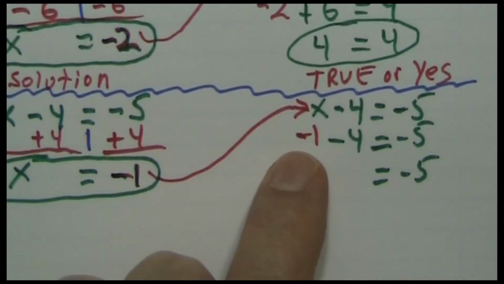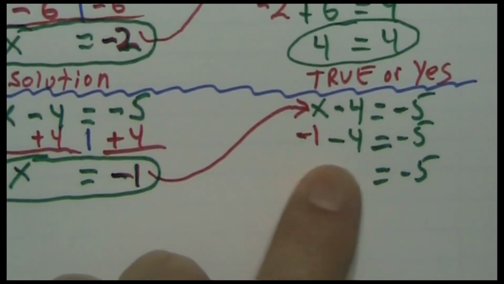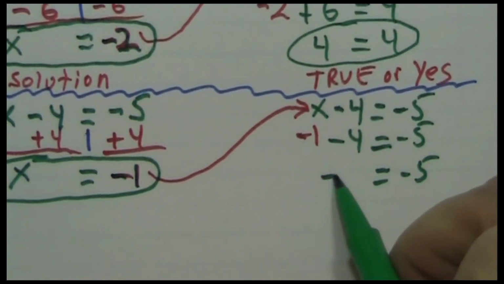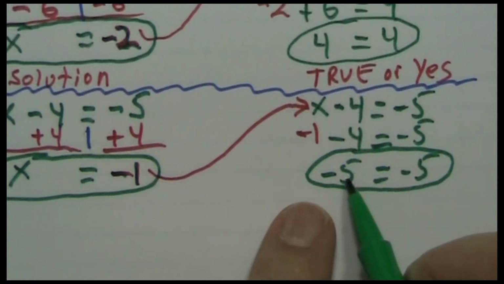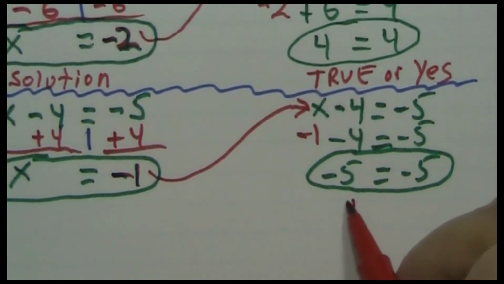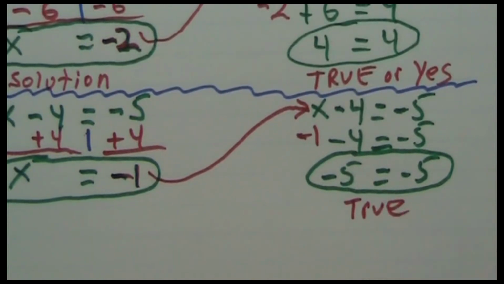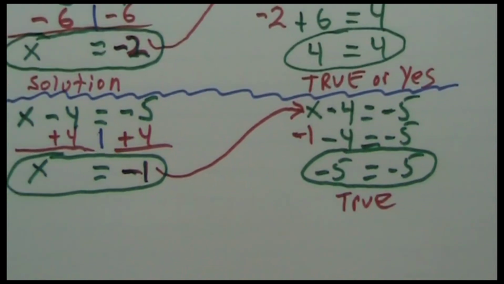Well, let's see, negative 1 and negative 4. Negative 1 and negative 4 is negative 5. See that? The left side equals the right side. That means that our answer is true. The solution is true.